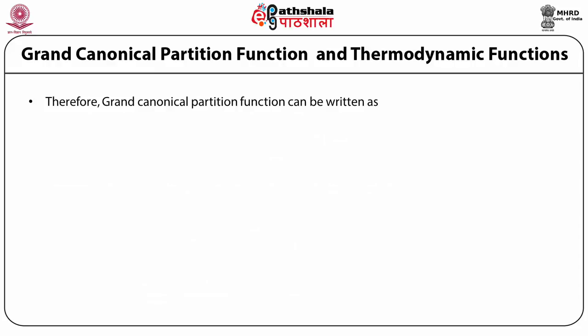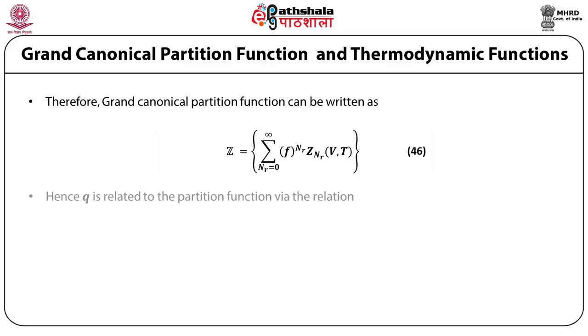Therefore, the grand canonical partition function can be written as Z equal to the summation over Nr from 0 to infinity of fugacity F raised to the power Nr multiplied by Z of Nr as a function of V and T. Hence, Q is related to the partition function via the relation Q equal to log of Z as a function of fugacity, volume and temperature, equal to PV upon kBT.